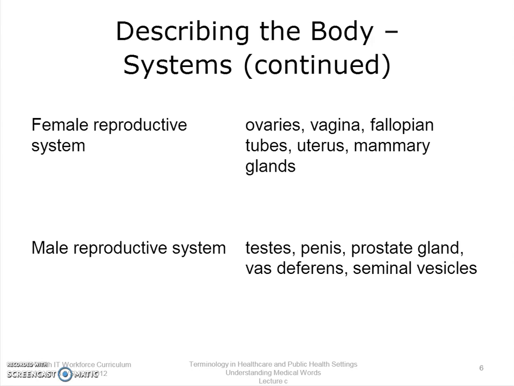The male reproductive system includes the testes, penis, prostate gland, vas deferens, and seminal vesicles. This system secretes hormones and produces sperm. Sometimes these two systems are combined and referred to generally as the reproductive system.